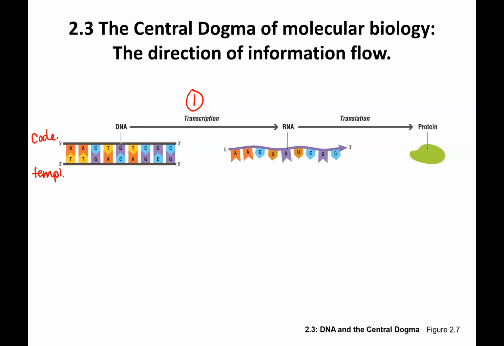Let's review where we are in the central dogma, or the process by which we actually express the information that is encoded in our DNA. There are two steps in the central dogma. The first is transcription. In the process of transcription, we use one side of our DNA, the template side, to make a messenger RNA.